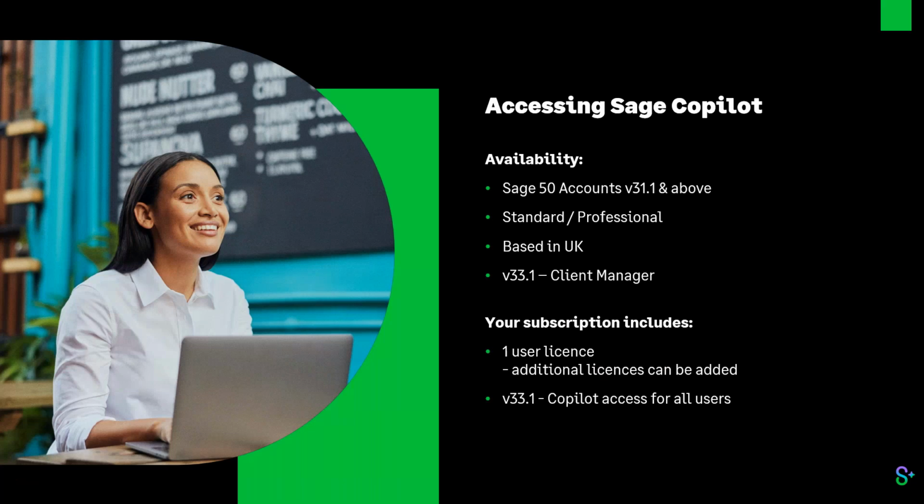To be able to access Copilot currently, you need to be on version 31.1 or above. 33 is the latest version, and the more up to date you are, obviously the more options you're going to have. I'll point out the differences along the way between versions, give you an idea of what came in when. But you need to be on version 33.1 or above to at least have access to the very first features when Copilot was first introduced.